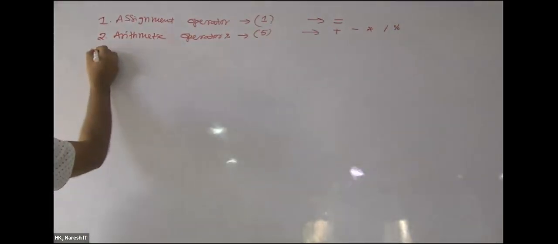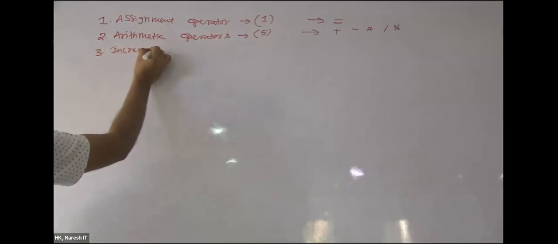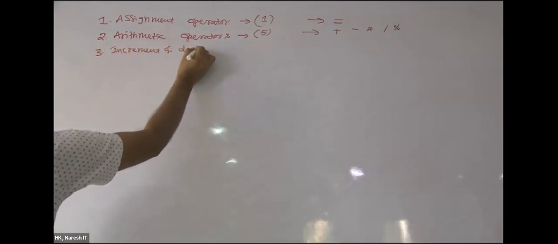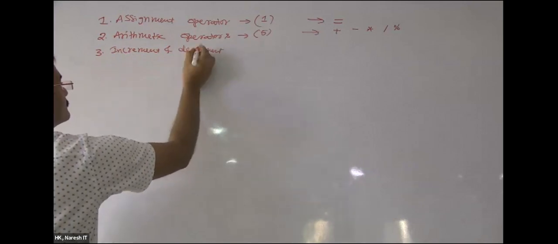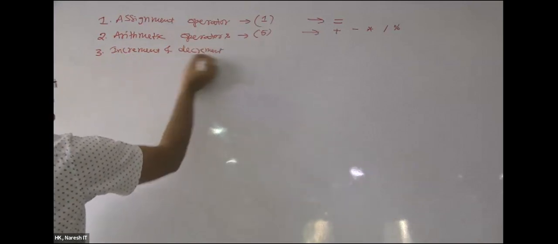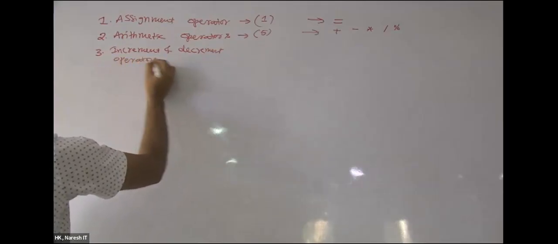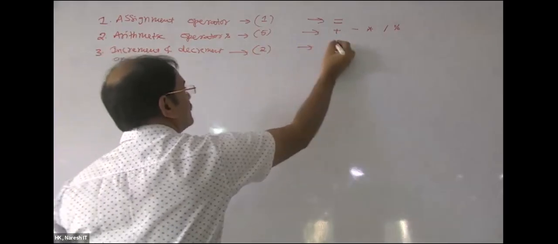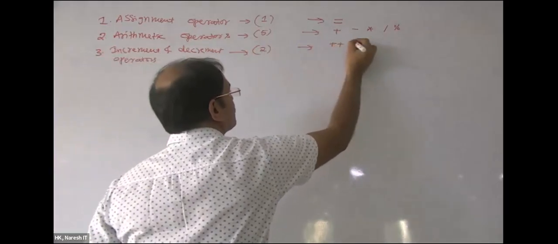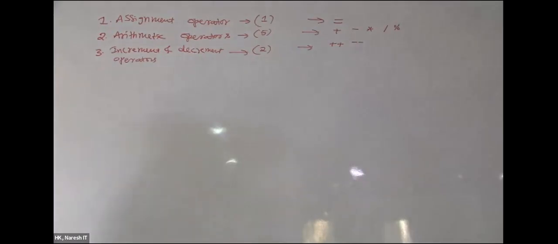Third, increment and decrement operators. How many are there? 2. Plus plus, minus minus. 2 operators come under increment and decrement.